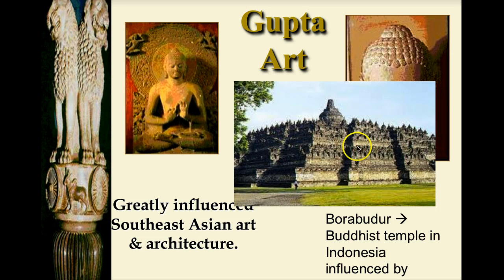You can see here that it's much more focused. It's heavily decorated. If you were to get closer to it, there would be so many details going on that your eyes wouldn't really know where to focus. So it's a big change of pace from what we had from the Hellenistic era. But the Gupta do have a huge influence on Southeast Asian art and architecture, as you can see.